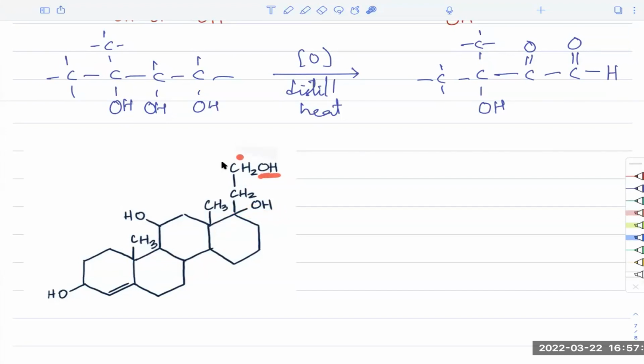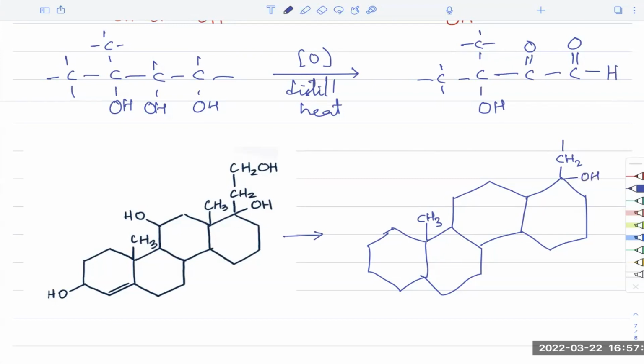And this one is with primary carbon. So it will convert to carboxylic. So here's how it goes. So this will not change because it is tertiary carbon. Again, I'm not looking at the double bond right now, but we will look at that in a bit. This alcohol will oxidize to ketone, okay?